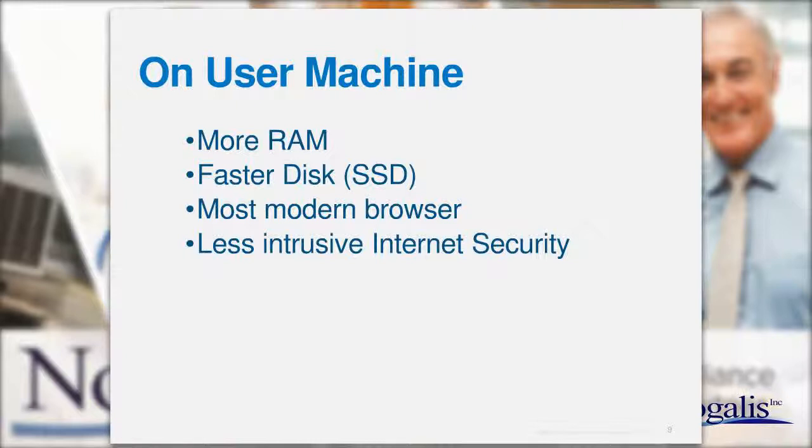And then less intrusive internet security. Obviously we want antivirus installed and things like that on the user's machine, but you've just got to go make sure you're going through the rules and you exclude traffic coming in from the Lawson server from being monitored, because who cares? That's traffic that we don't want to interrupt to look at with our antivirus.